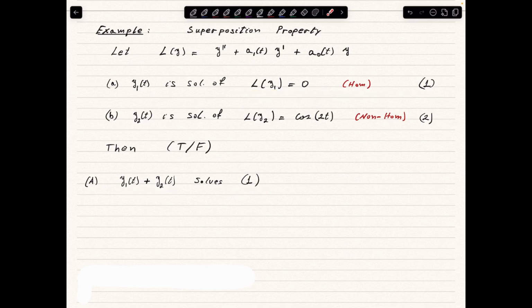So what I'm saying here is, is it true that L acting on y1 plus y2 is equal to 0? That is what I'm saying in formulas. Well, all these theorems are proved with superposition, and linearity is again two sides of the same coin.